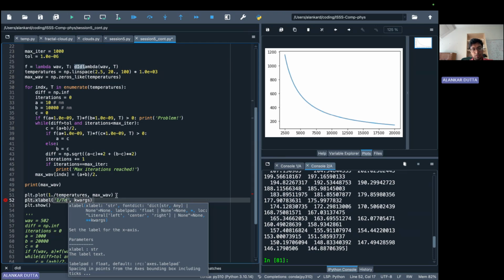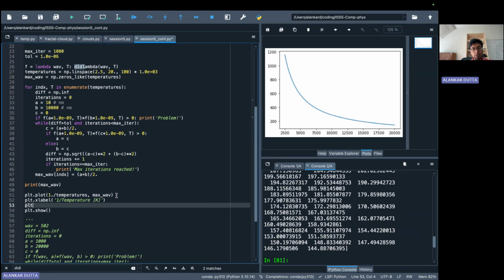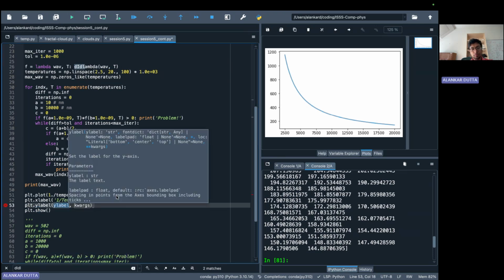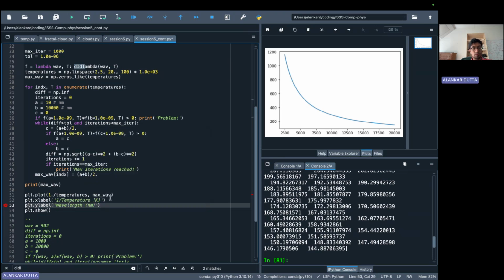This is 1 by temperature in Kelvin, and plt dot ylabel is wavelength in nanometers. All right, and we do this. Right.